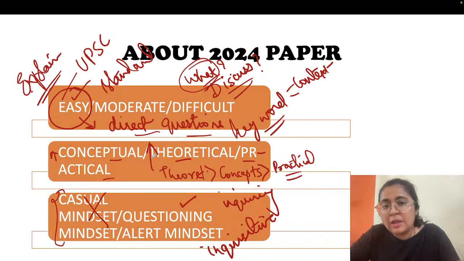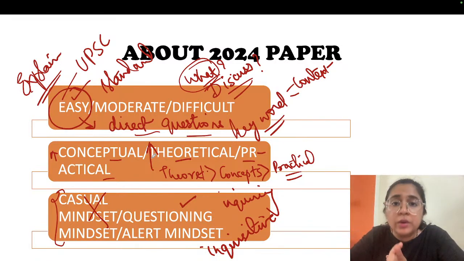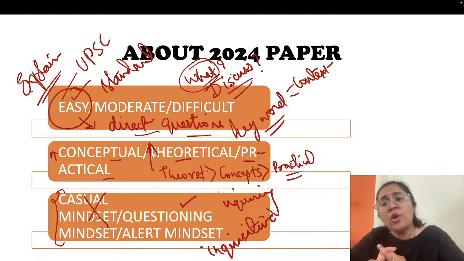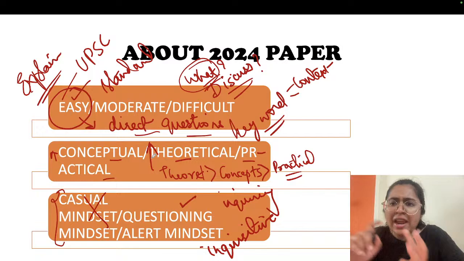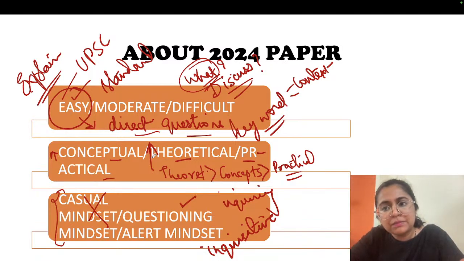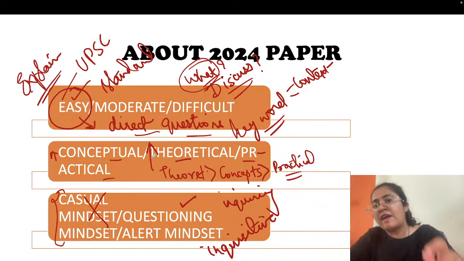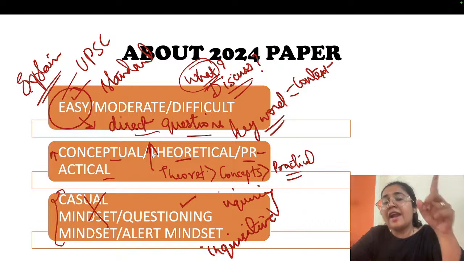An easier question is usually a trap where students think, oh, I know everything about this, let me start writing. Either they go beyond the word limit, or they go out of context, or they write something extra which was not required at all. So we need to have a questioning mindset and an alert mindset.